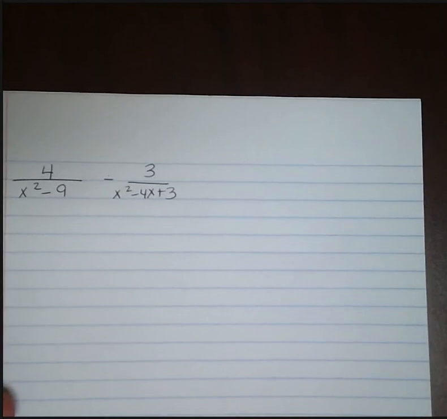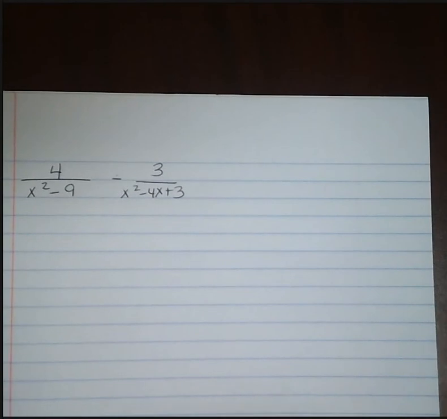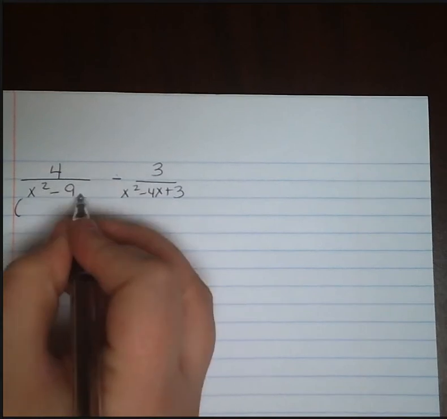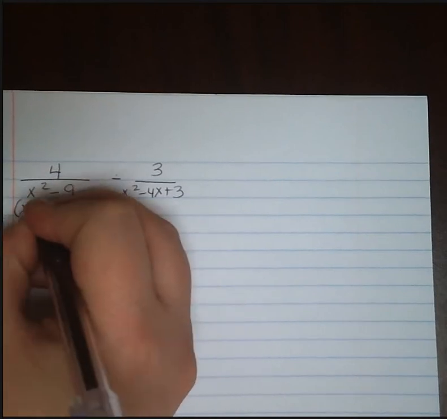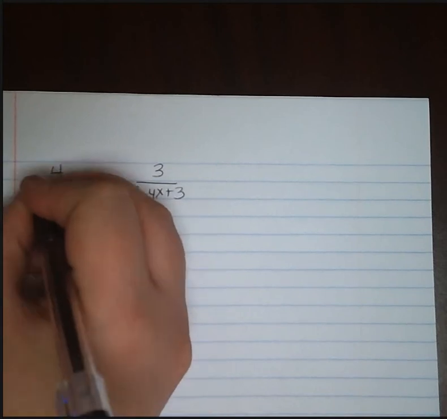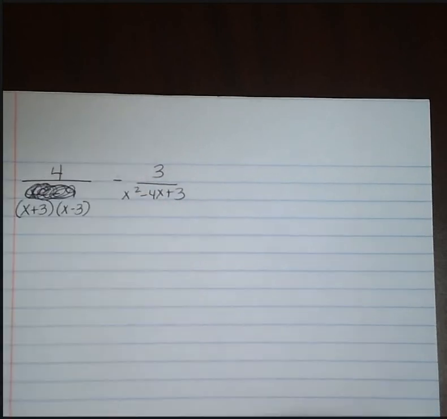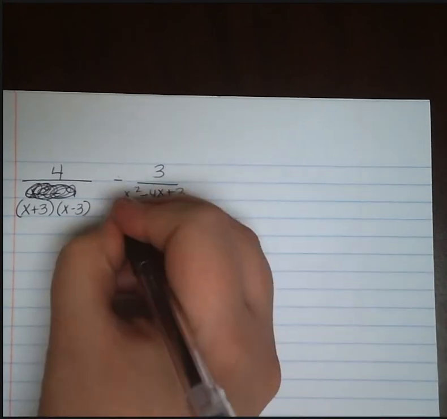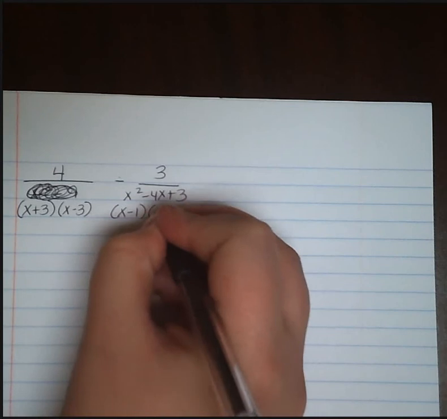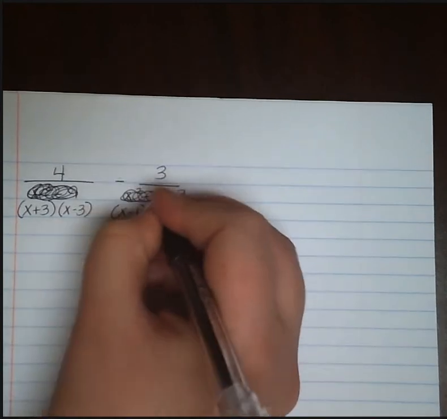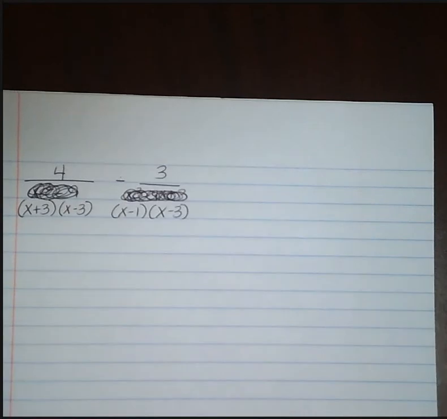So the first thing I'm going to do is factor out my denominators. So this is a difference of squares. So it's x plus 3, x minus 3. And then here, it's an AC method, x minus 1, x minus 3. Okay?